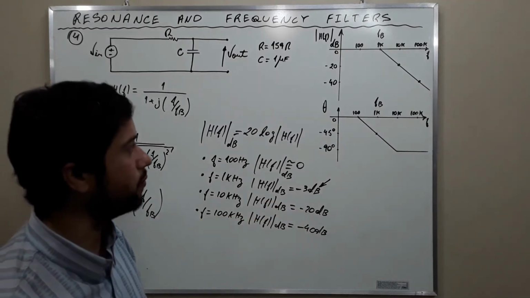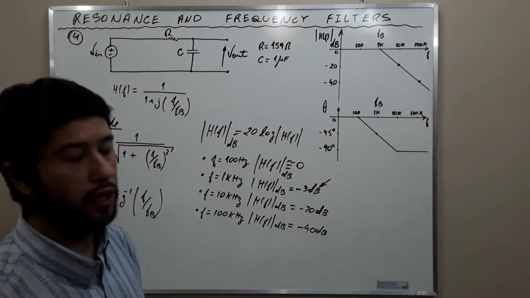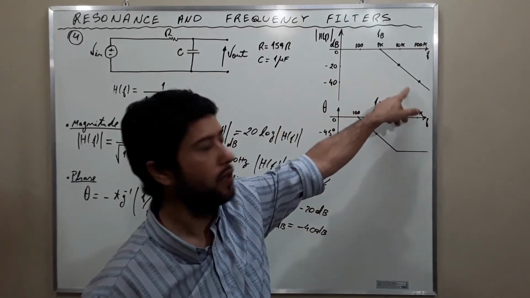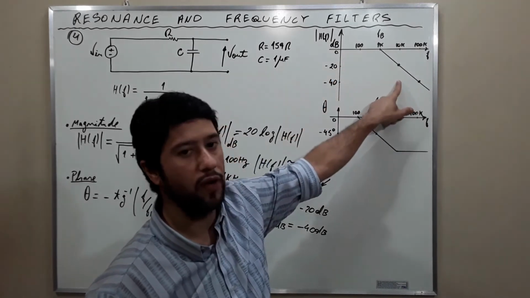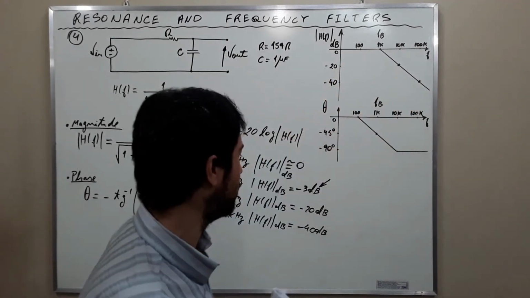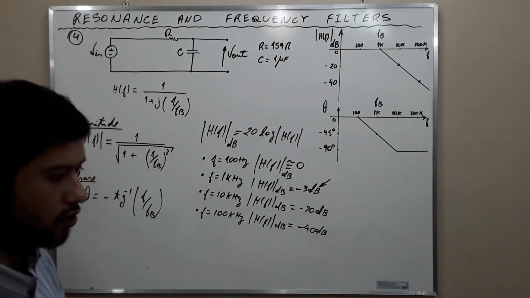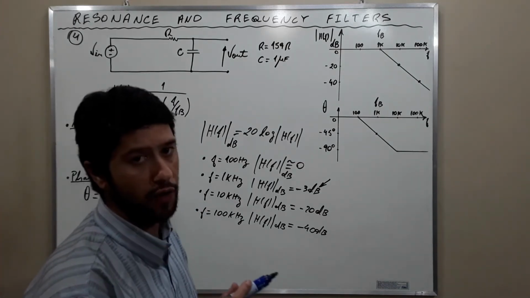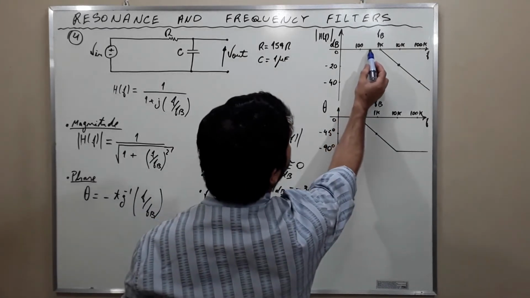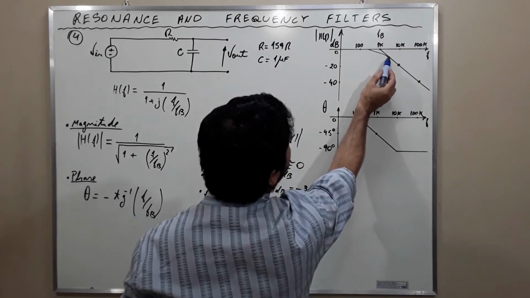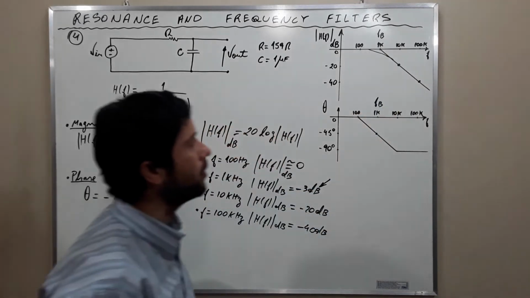Why the difference? The difference is that this is an approximation. This straight line graph here is an approximation, okay? The actual graph, the actual plot, is something of the sort. All right?